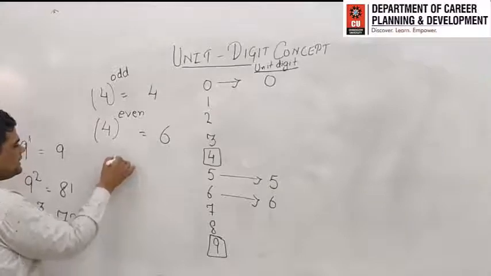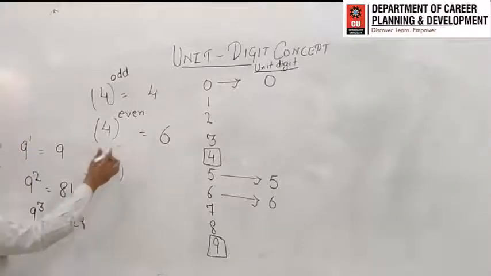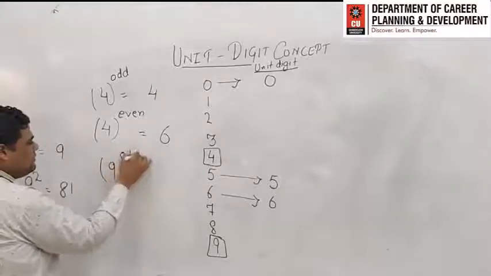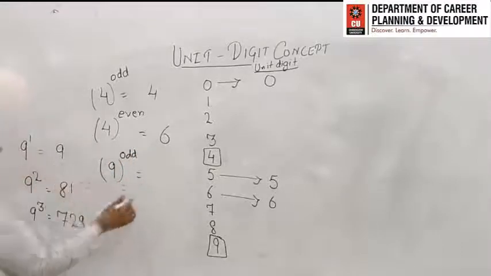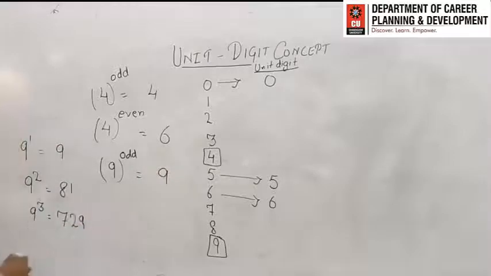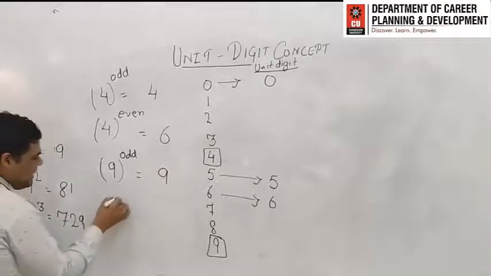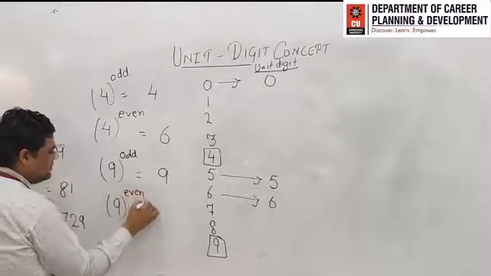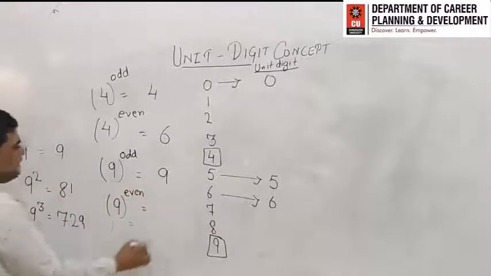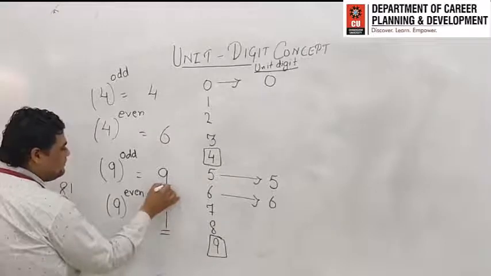So whenever the power of 9 is odd, the unit place will be 9, and whenever the power of 9 is even, then the unit place will be 1.